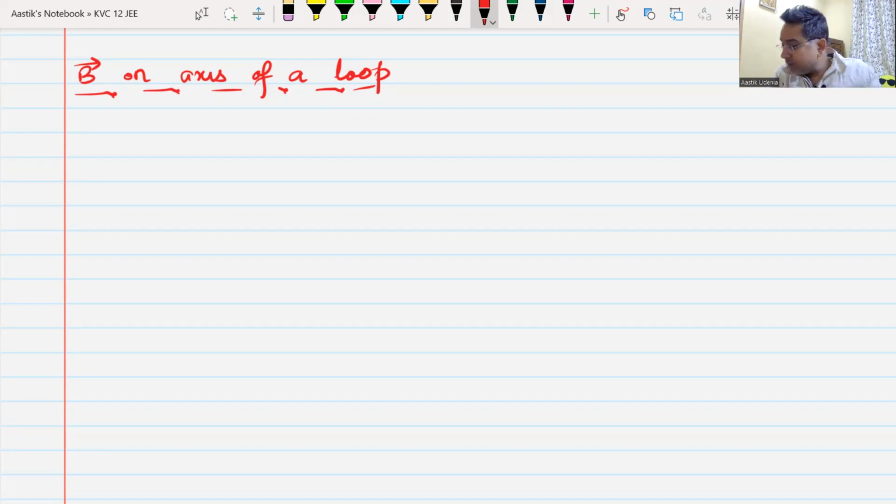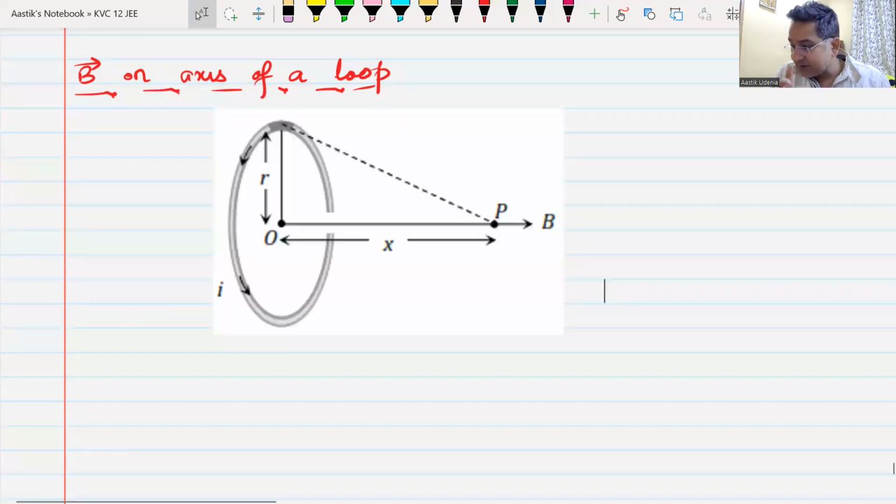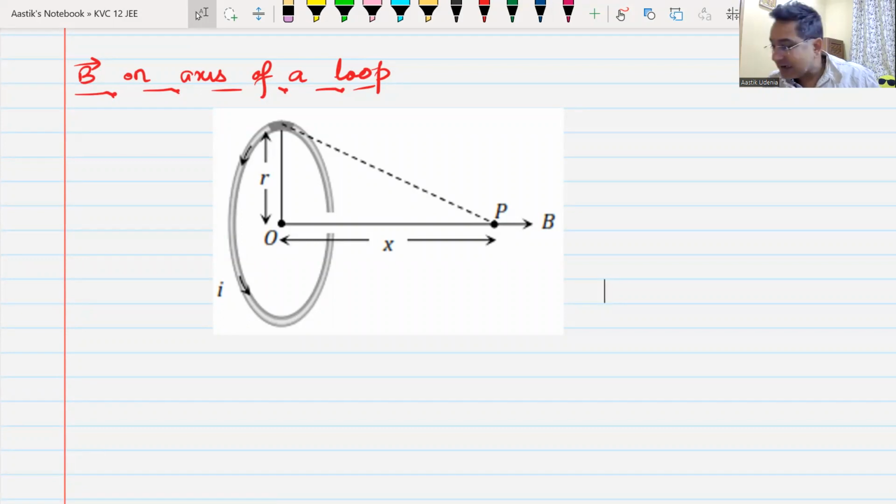So we would have a circular loop of current, which is placed centrally here. Current in the loop is I, the radius of the loop is R, and we have a point P on the axis of the loop. The magnetic field at point P is given by this revolutionary formula.